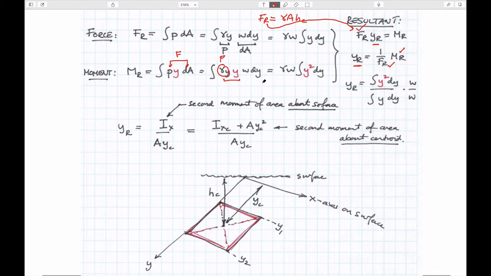If we substitute this value for the moment into this expression, so this is the value for the moment we've just calculated here, and this is the value for the force, which goes on the bottom, so these are these two values here, then we end up with a term which includes y squared divided by y.